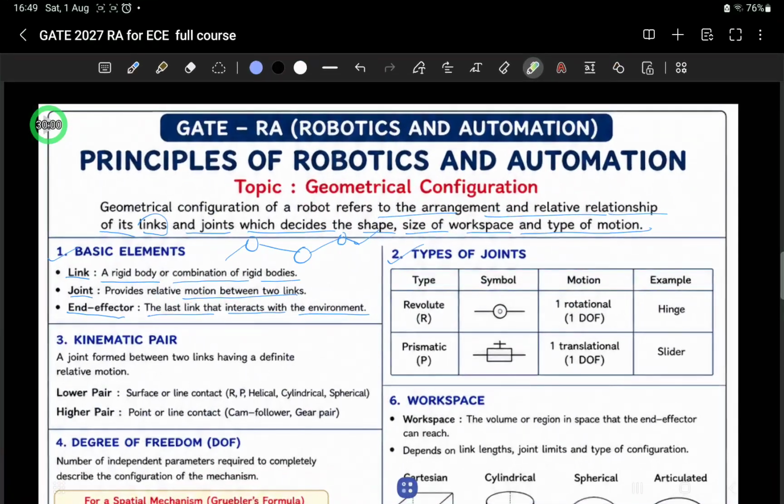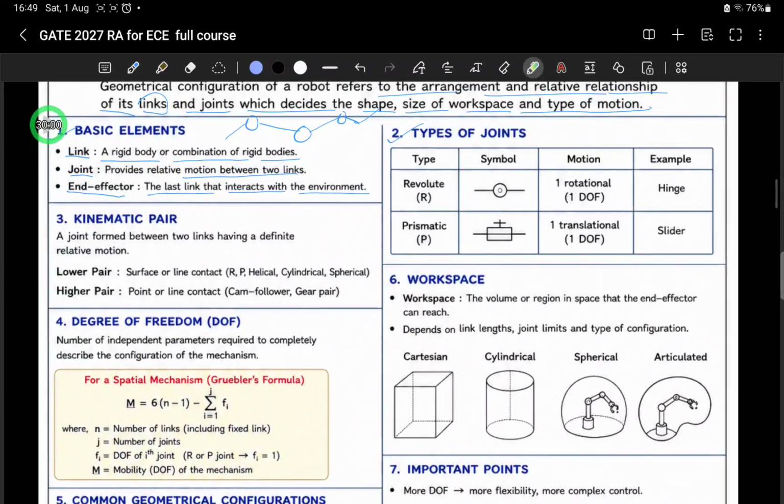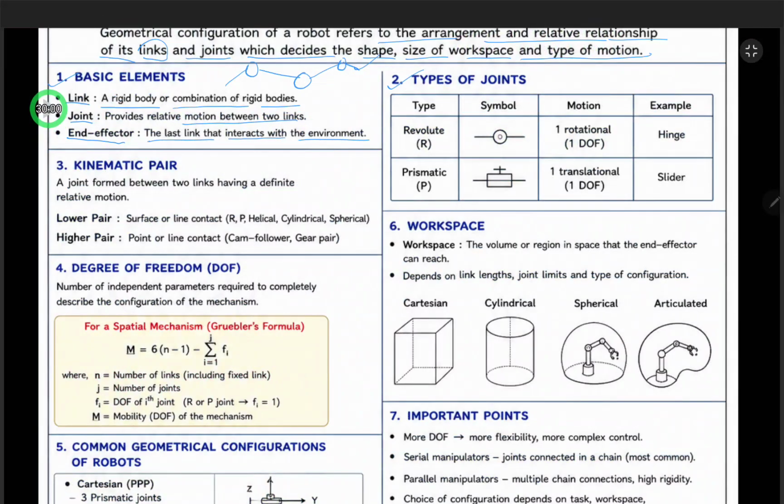Now let's come to our topic, degree of freedom. It is the number of independent parameters required to completely describe the configuration of a mechanism.